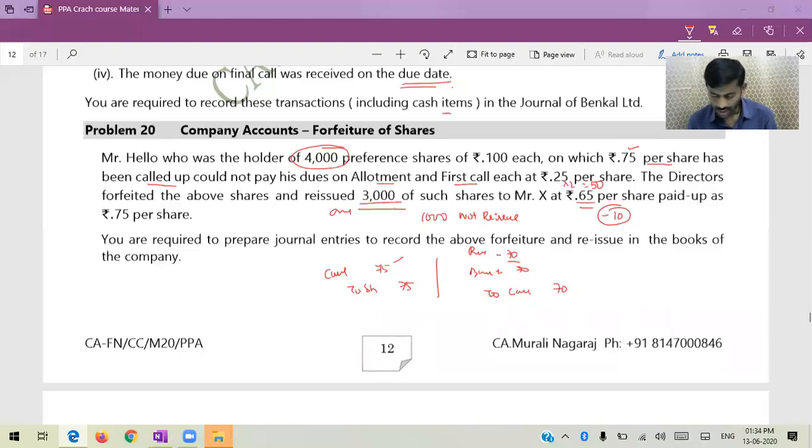Because other shares of the same class are also called up at only 75. Therefore, 10 rupees discount per share, with paid up as 75 per share. So 75 rupees is paid up, but we are collecting only 65 from the new shareholder. Therefore, 10 rupees I have to adjust from share forfeiture account. You are required to prepare journal entries to record the above forfeiture and reissue in the books of the company.